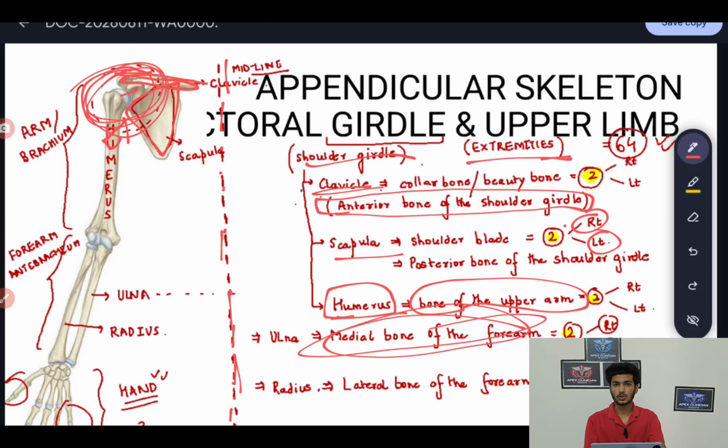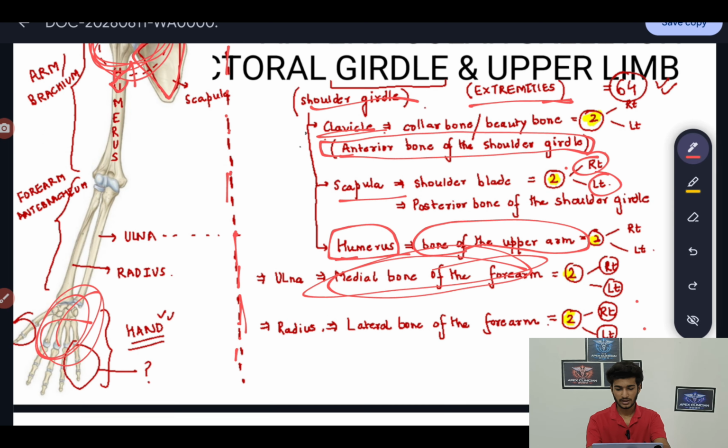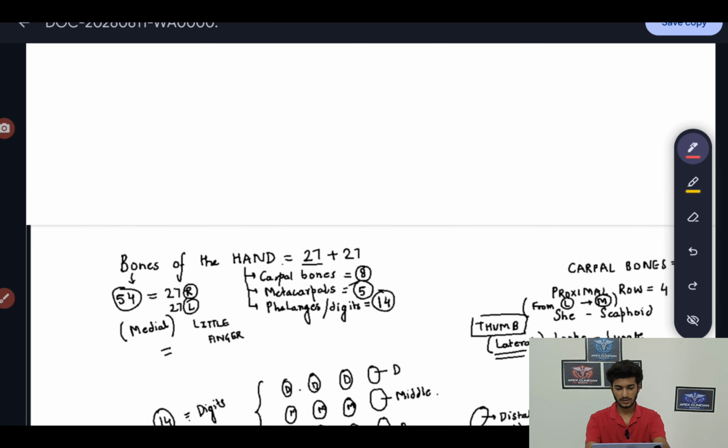So the total calculation of the girdle bones moves as one, two, three, four, five, six bones present in the girdle region, and these two bones are separately present in the forearm region. Now we are basically going to see the bones of the hand. This is the hand region.